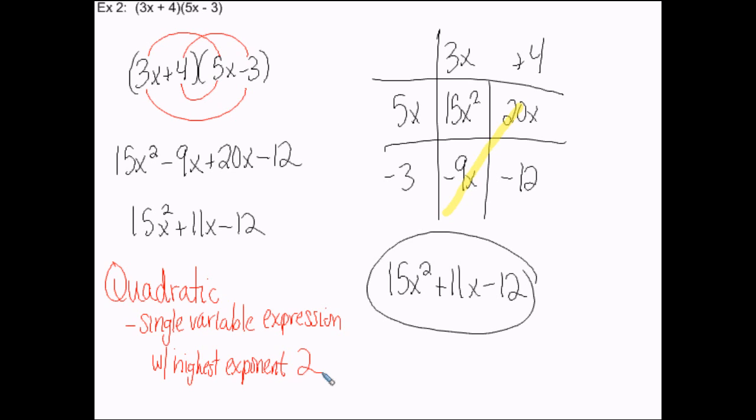It has to have the 2, and 2 has to be the highest exponent. But if I took the 11x out, it's still a quadratic. And if I take the 11x and the 12 out, and it's just 15x squared by itself, it's still quadratic. It's just considering that that's a 0x and a 0 plus 0 on the end. Okay? So quadratics are single variable expressions with the highest exponent being 2, and they have to have an exponent of 2.